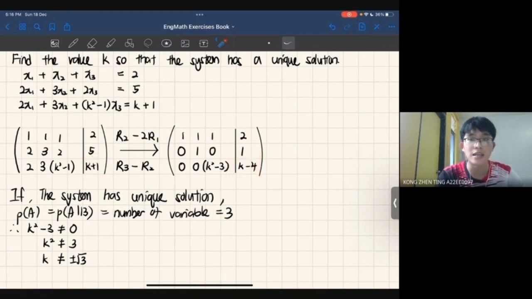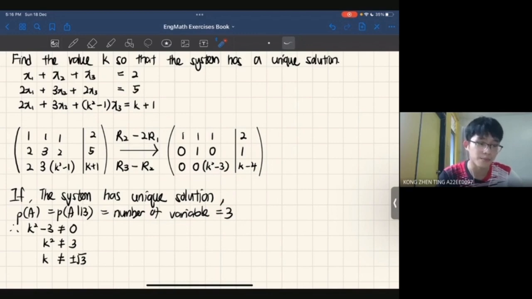So after we get our echelon form, we need to know that if the system has a unique solution, the rank of matrix A will be equal to the rank of matrix A vertical bar B, and the number of variables in this question will be 3.